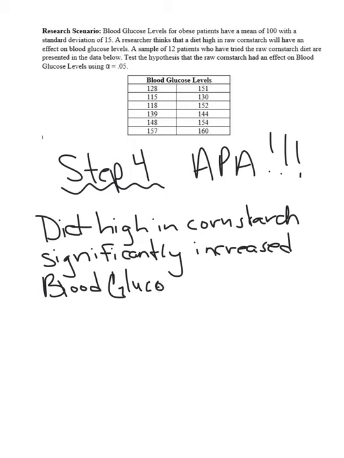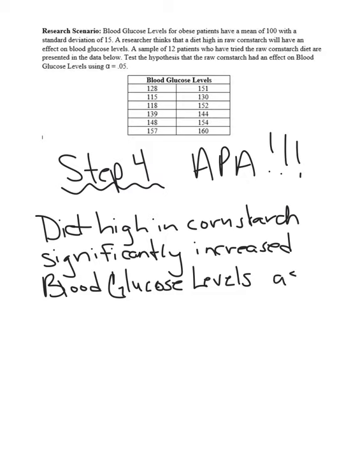So when it is significant, I always put how it was significant. Did it increase or did it decrease? Because that makes it sound much more impactful than if I just said diet high in cornstarch significantly affected blood glucose levels. Well, affected is kind of weak. When we're reporting this kind of research, it affected blood glucose, but that could be anything. It increased blood glucose levels, so it's very meaningful.